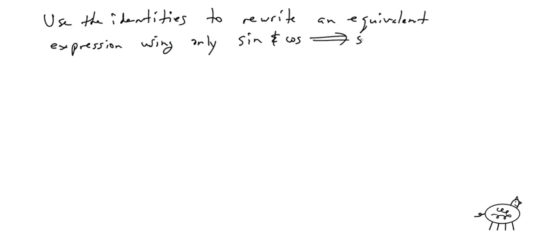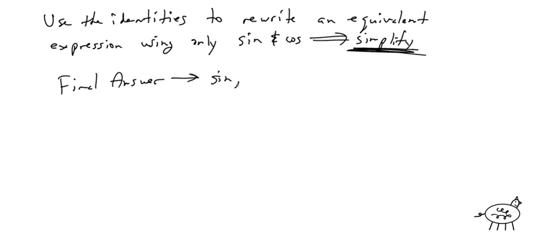And then what you're going to do, you're going to simplify it. Okay, that's huge. You got to simplify it. Okay, so basically the final answer can be in sine, cosine, tangent, secant, cosecant, and cotangent. Okay, it really can be in all those values.